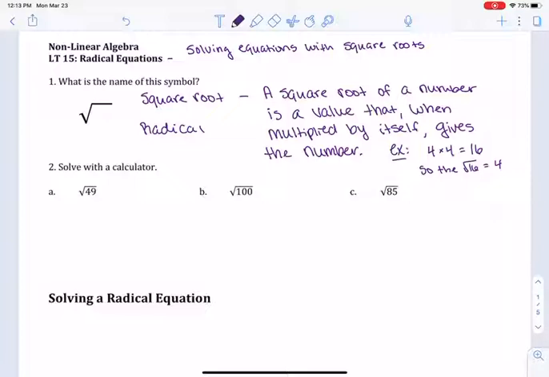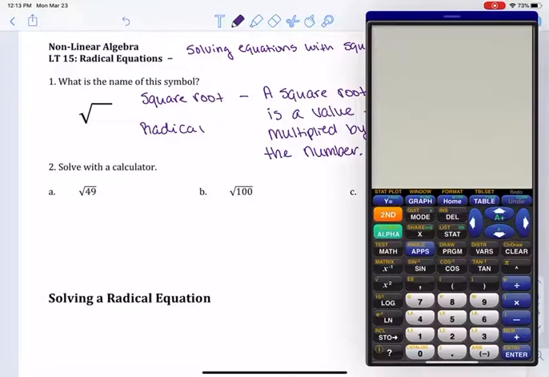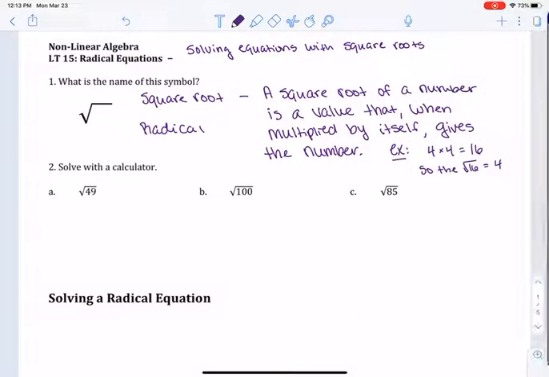Otherwise, let's start with number 2, where it says solve with a calculator. So we're going to solve A, B, and C using a calculator. I have this one. If you needed to download an app, most of these are free now, or you might have one at home. Sometimes, depending on the calculator, the steps will be a little bit different, but I'm going to teach with this one. So for A, the square root of 49, first in the calculator we are going to do second and x squared.